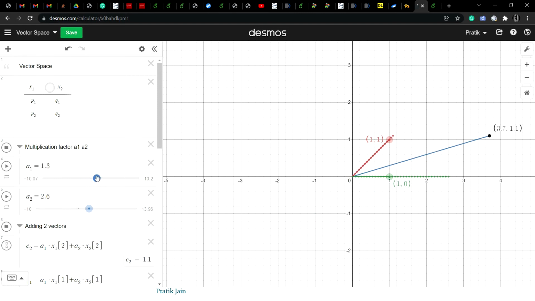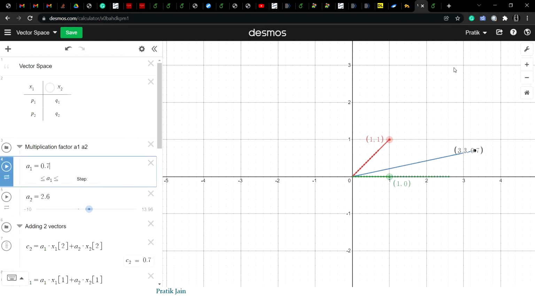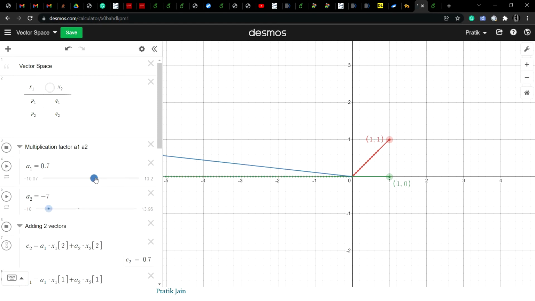Okay, so here you can see what will happen is when I change this, I will go along this axis. Now if I want to come over here, first I can move like this. Okay, where was that point? Let us consider 3 comma 3. I want to go to 3 comma 3. So how will I do that?